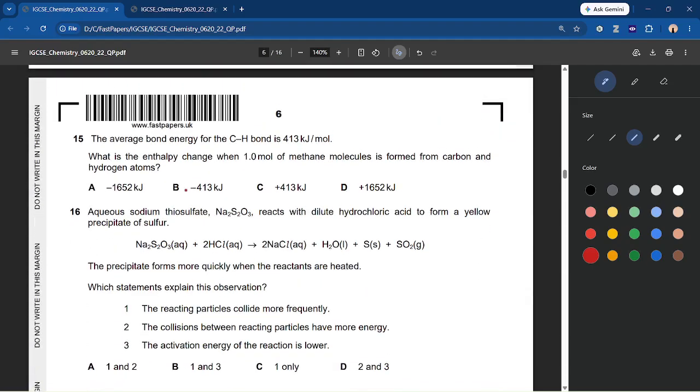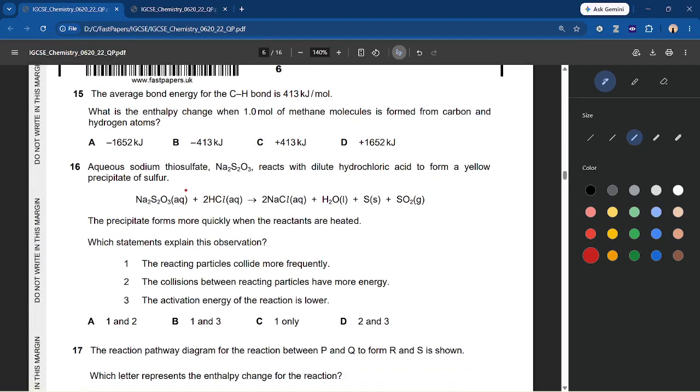All right. The average bond energy for the carbon-hydrogen bond is 413 kilojoule per mole. What is the enthalpy change when 1 mole of methane molecules is formed from carbon and hydrogen atoms? It's an interesting question. So you're forming 1 mole of methane molecules. So if you draw methane, it'll be C with H, H, H, and H. So average bond energy.